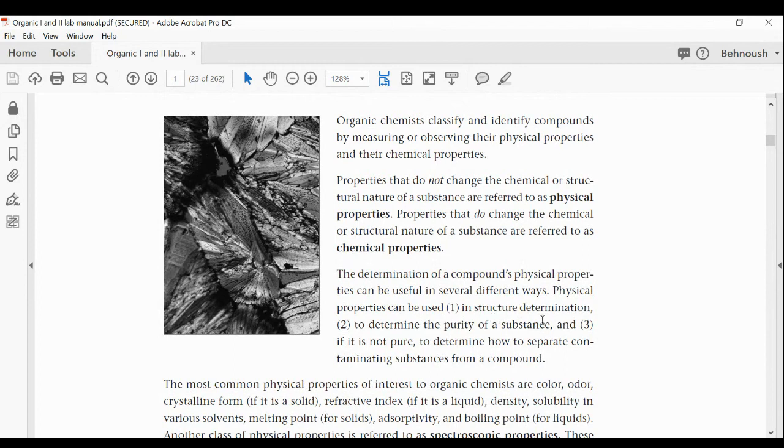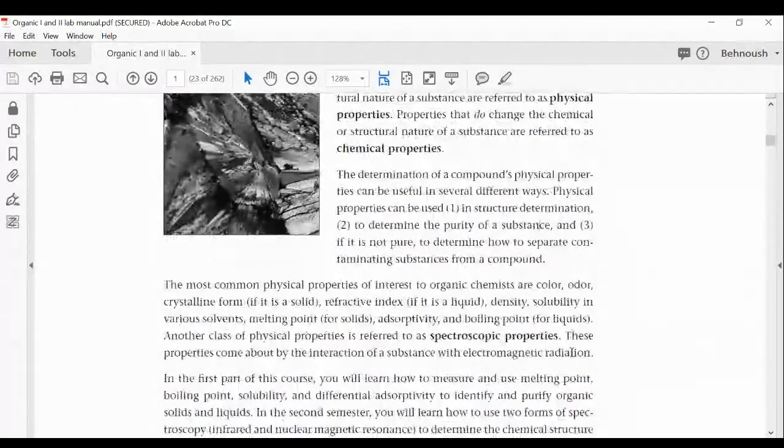You can determine the structure of the compound also. So there are three purposes for measuring physical property. Here is where you can actually see this on the first page of experiment 1. Structure, purity, and identity of the compound.